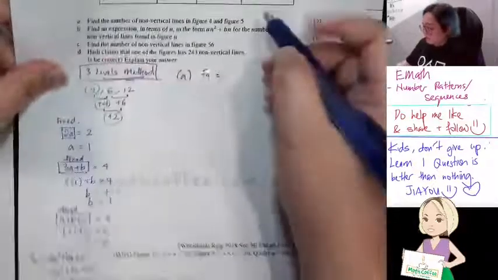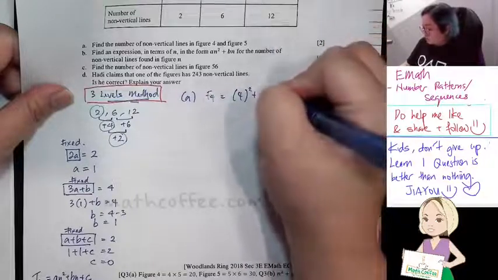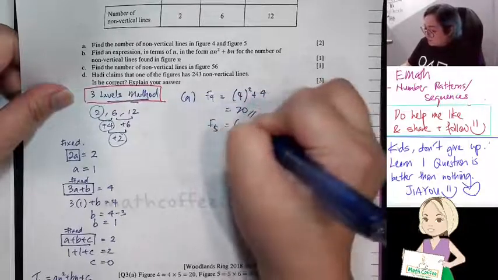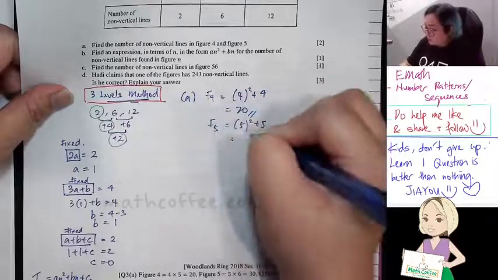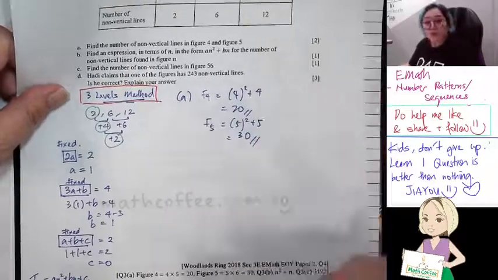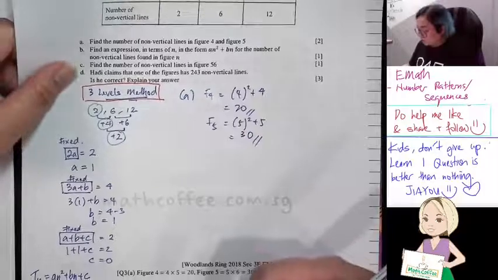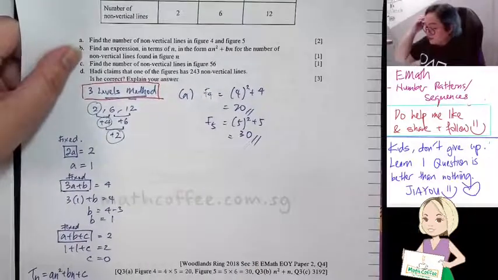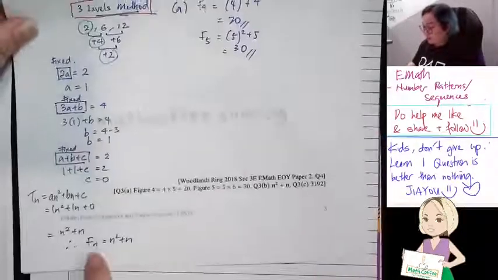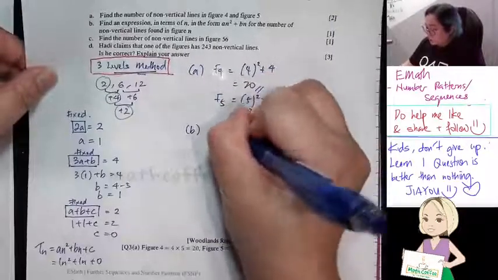Okay, so figure 4 will be 4 squared plus 4, which is 20. Figure 5 will be 5 squared plus 5, so will be 30. So we solve our figure 4 and our figure 5. Okay, let's move on to B. B said find an expression in terms of n in the form of an squared for the number of non-vertical lines. We already got it, which is here. So just say that B will be n squared plus n. Done.